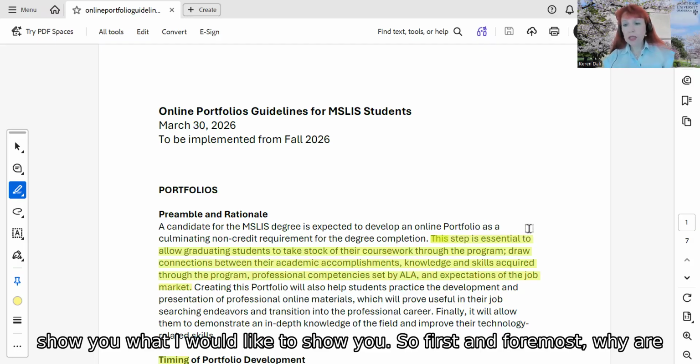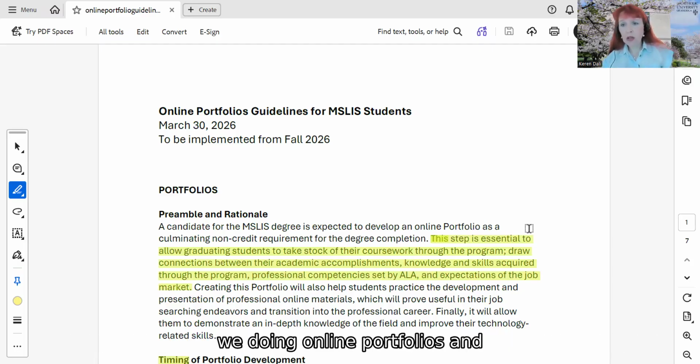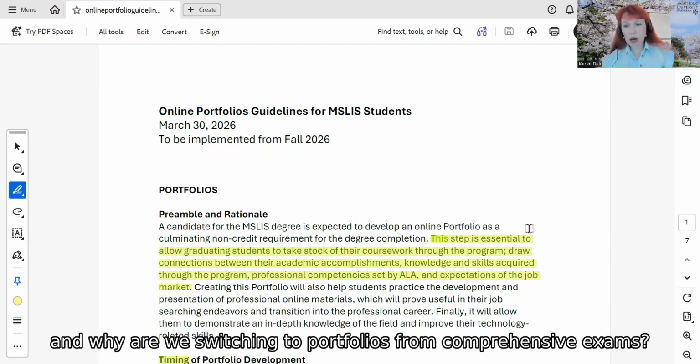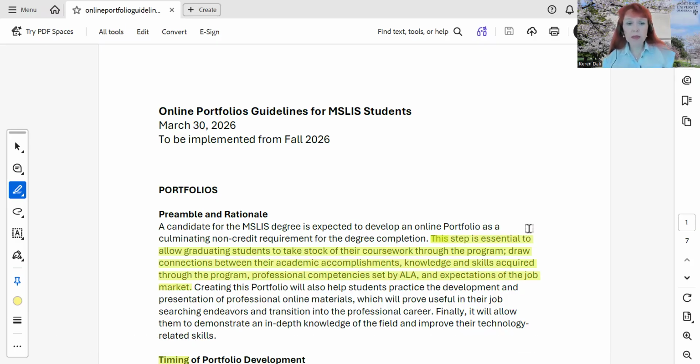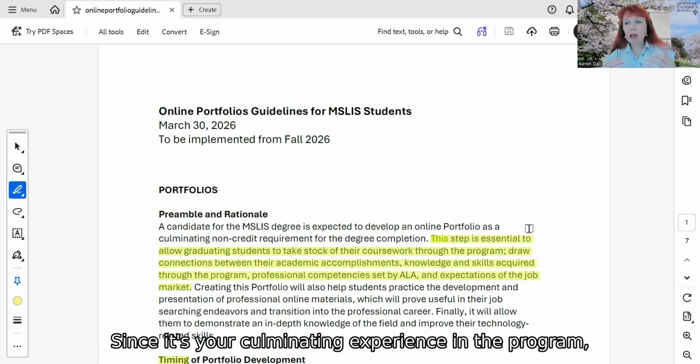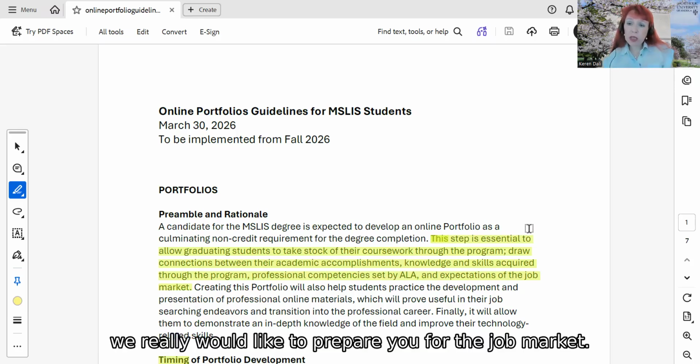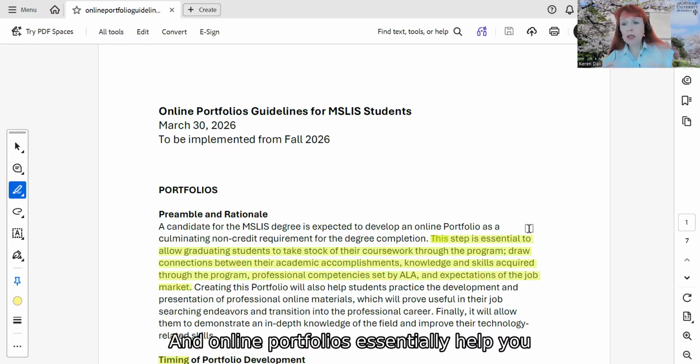So first and foremost, why are we doing online portfolios and why are we switching to portfolios from comprehensive exams? Since it's your culminating experience in the program, we really would like to prepare you for the job market. And online portfolios essentially help you to create your professional online presence.